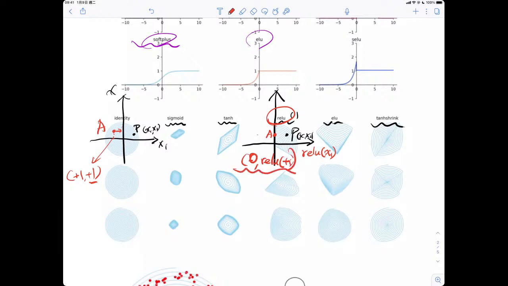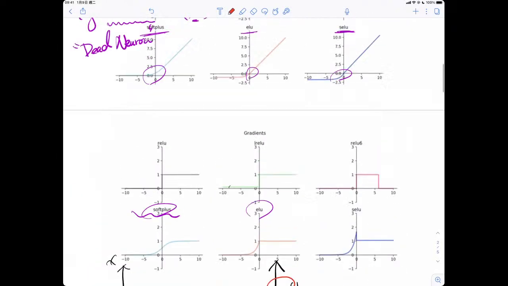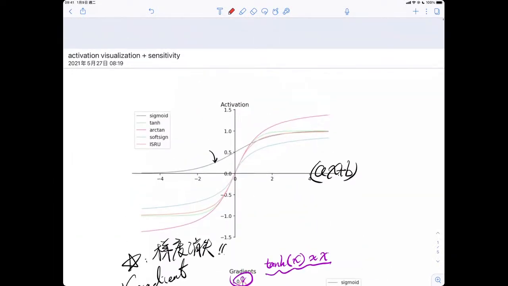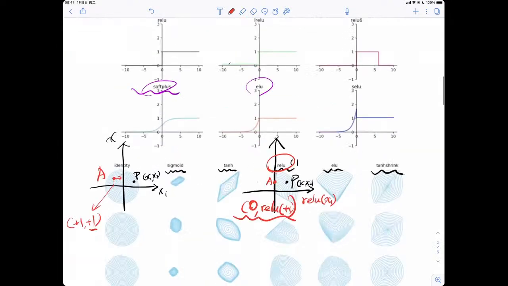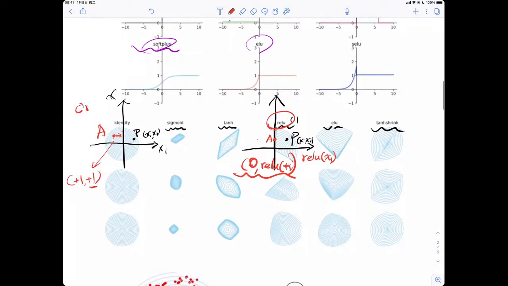It is A's new coordinate after it passed through ReLU. So basically, when we apply an activation function, depending on which one you use, you squeeze the data from the original space to a new latent space.